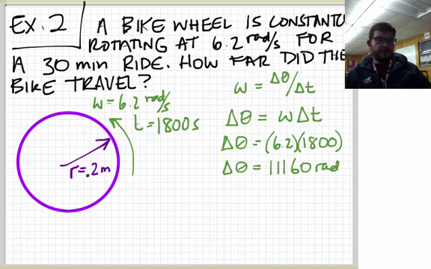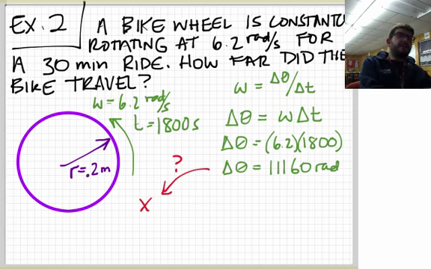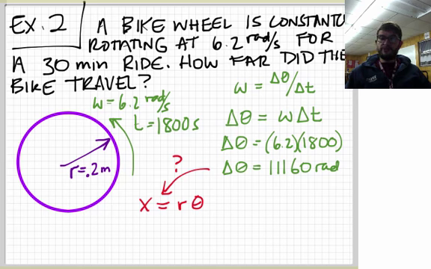So the question then is, if I know how much this rotated, can I use that to figure out how far I actually traveled? Think back to that first example I showed you, where a little wheel is spinning on a flat surface. I know that x equals the radius times the angle in radians.